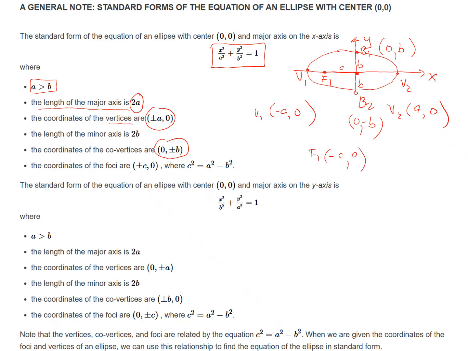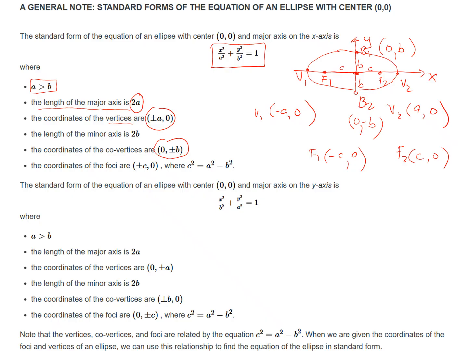And assuming this is f2, it is to the right of the center, so that is positive c, and the ordinate is also equal to 0.